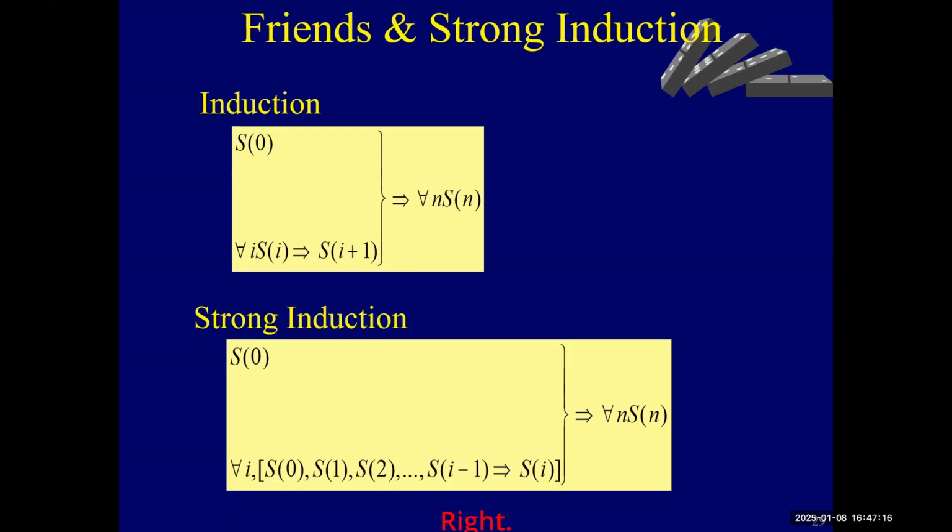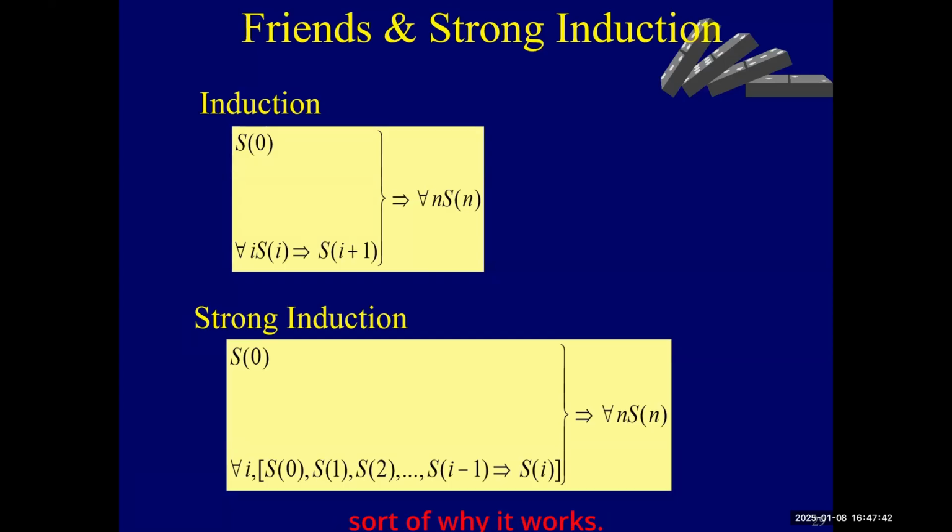If all the previous ones work, now I know lots and lots of stuff. I then have to prove that the next one's true, right? Does that make sense? And so it's called strong induction because it's a stronger axiom. It's saying that induction works under this statement where I'm assuming more things, right?